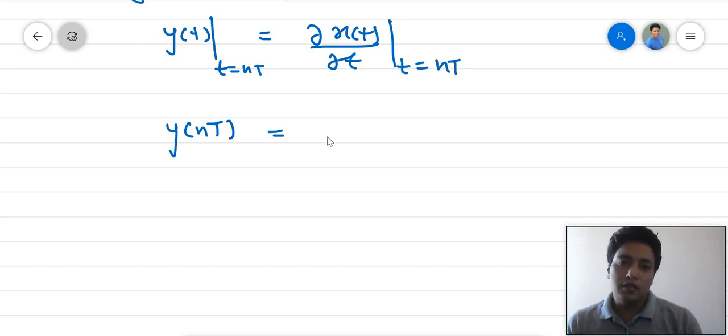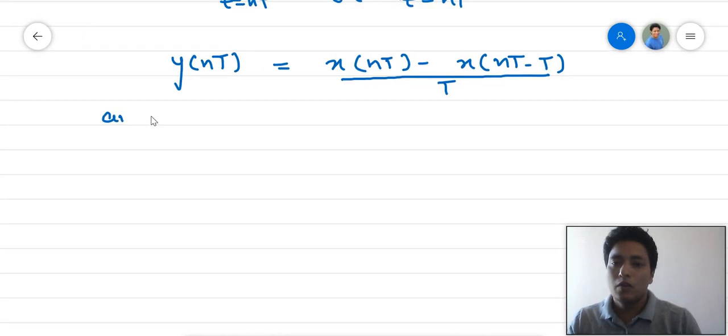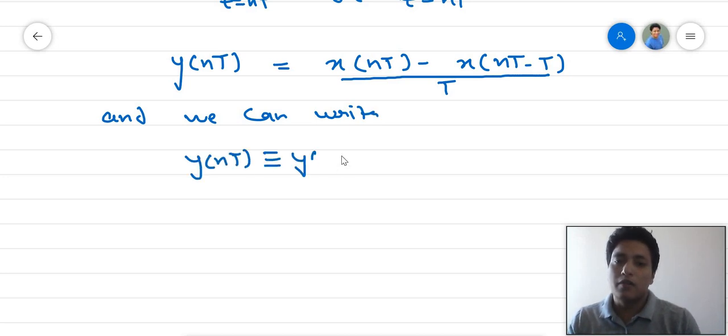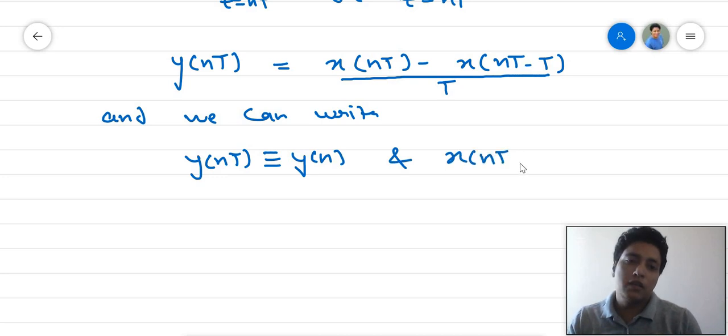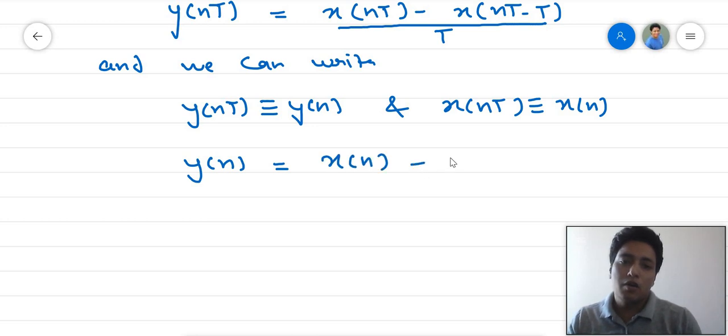So we can write this as x(nT) minus x(nT minus T) over T, and writing y(nT) as y(n) and x(nT) as x(n), we get y(n) equals x(n) minus x(n minus 1), all over T.